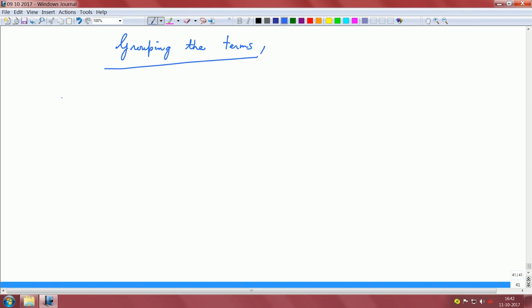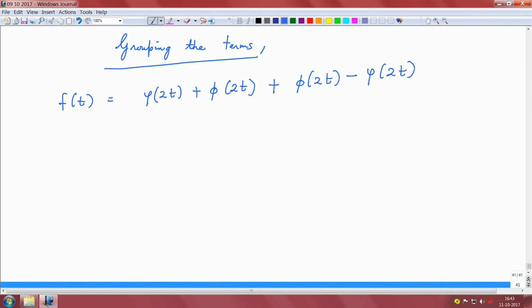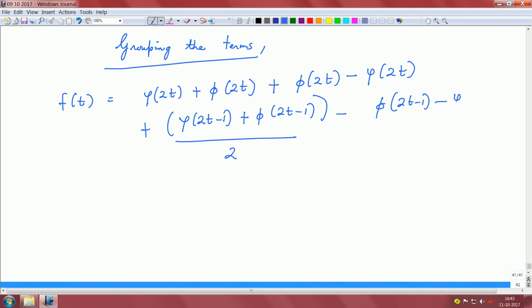So, grouping the terms, f of t is basically (psi 2t plus phi 2t) plus (phi 2t minus psi 2t) plus (psi 2t minus 1 plus phi 2t minus 1) upon 2 minus (phi 2t minus 1 minus psi 2t minus 1) upon 2.